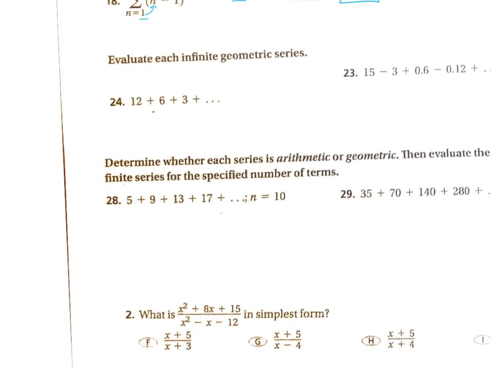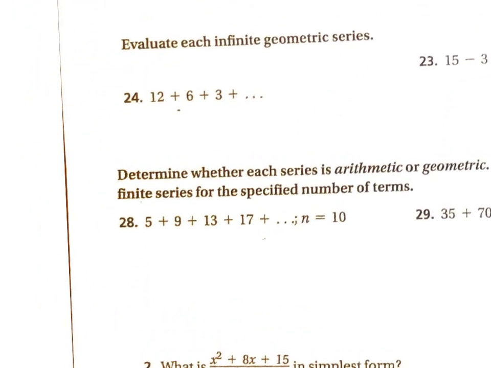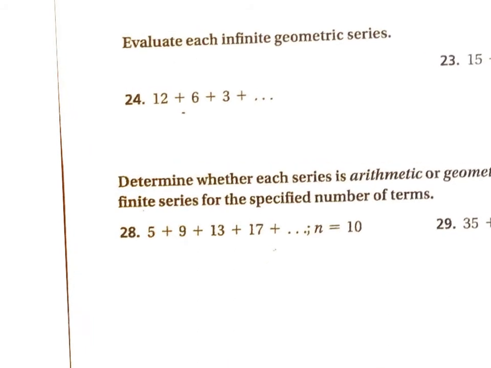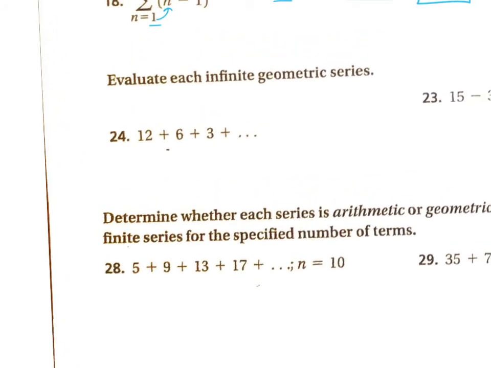Number 24, it says evaluate each infinite geometric series. So infinite being this one, right? The sum of the infinite series is a sub 1 over 1 minus the common ratio.